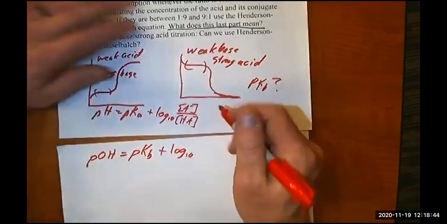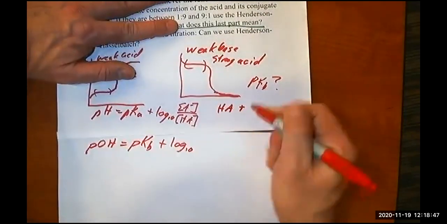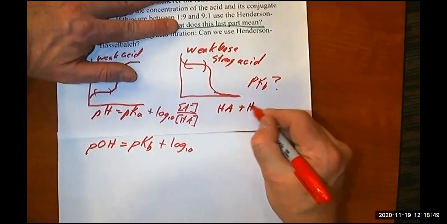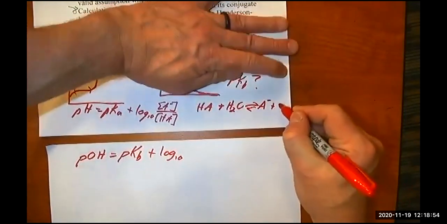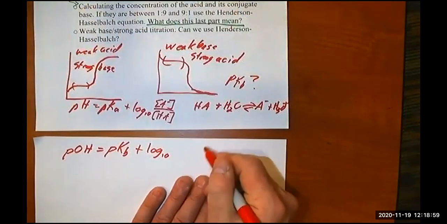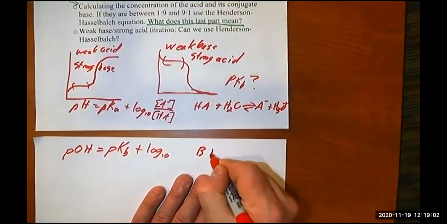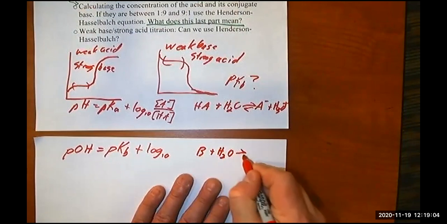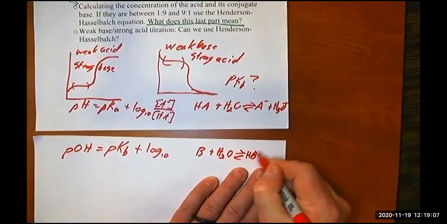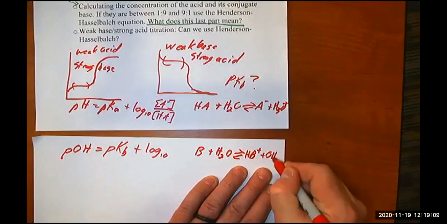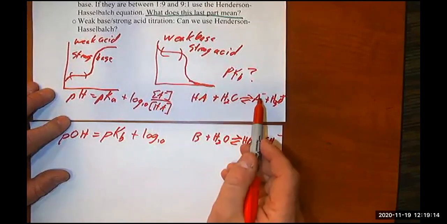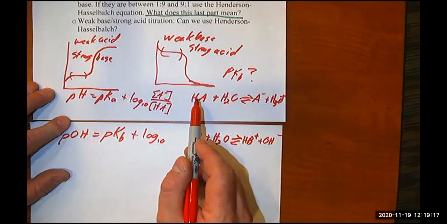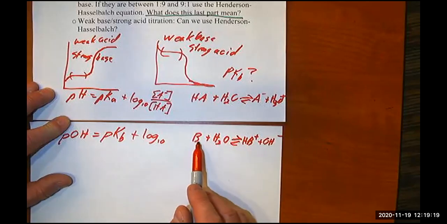For the standard acid reaction, we have HA plus H2O in equilibrium with A minus plus H3O plus. For the standard base reaction, we have B plus H2O in equilibrium with HB plus OH minus. So here we have the product over the reactant. So here we want to have product over reactant as well.